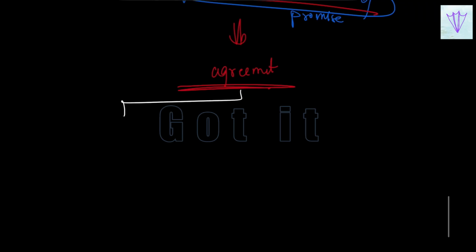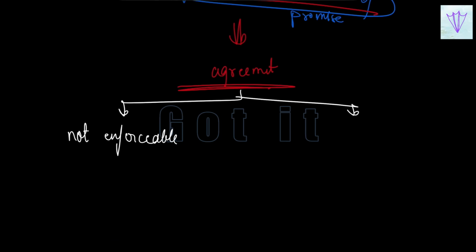In agreement, we have two kinds: an agreement which is not enforceable by law, and an agreement which is enforceable by law.